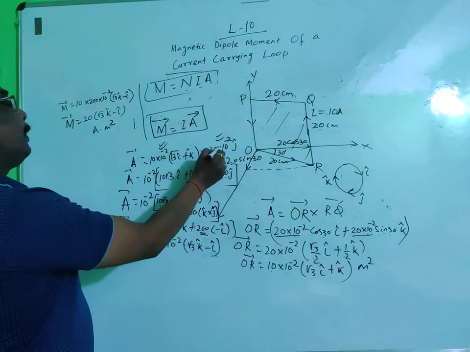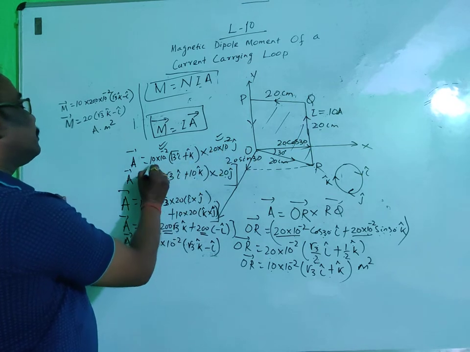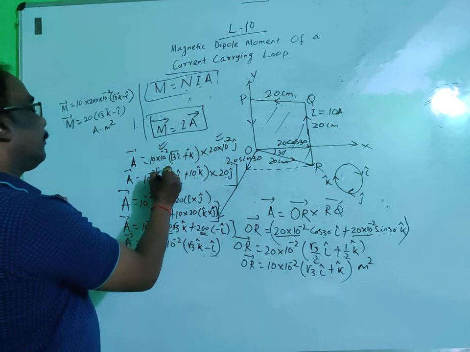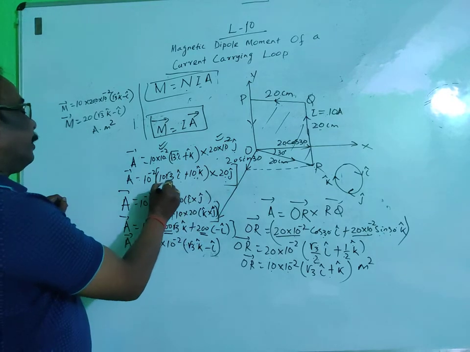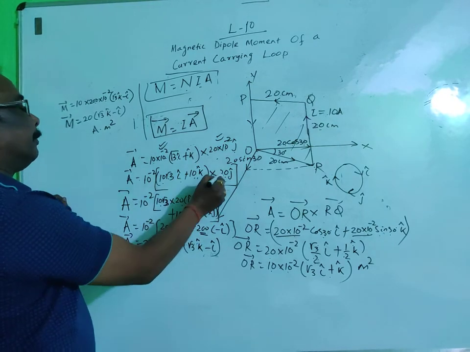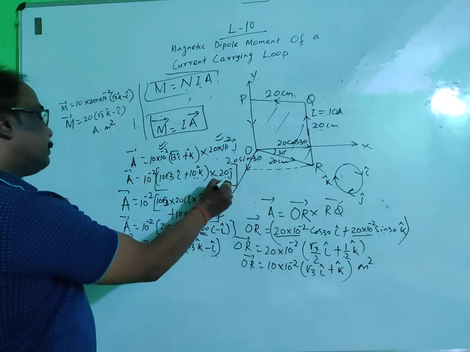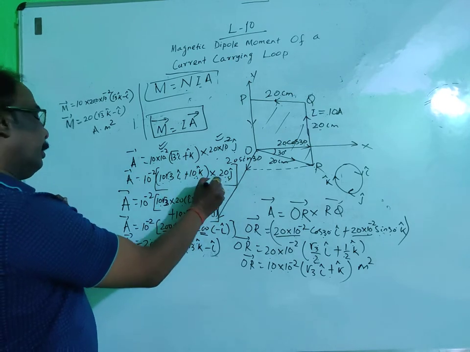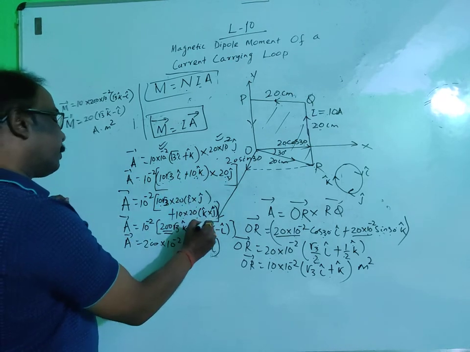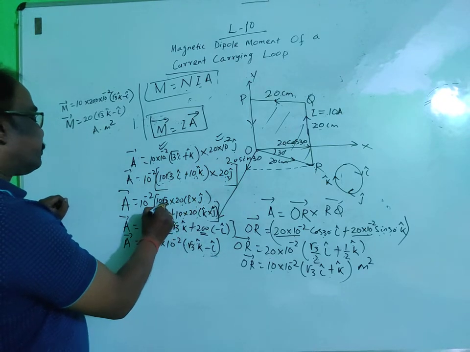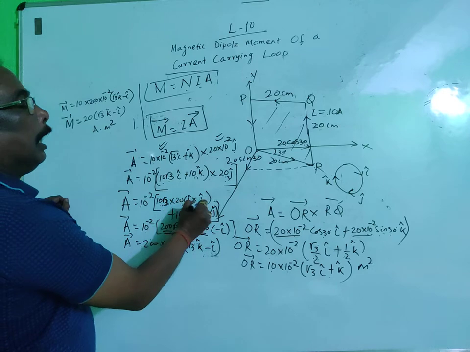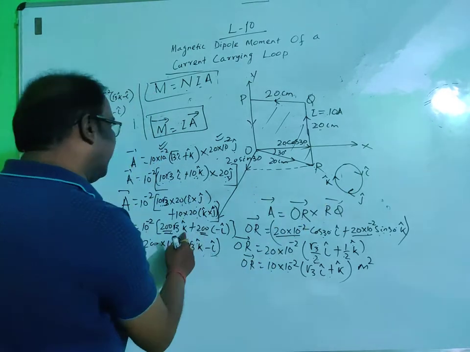Then 10 to the power minus 2. This is 10 root 3 i cap, 10 k cap, and this is 20 j cap. 10 root 3 i cap cross 20 j cap, this is correct. Then 10 into 20 k cap cross j cap, this is also correct. Then this is 200 root 3, i cap cross j cap is k cap.